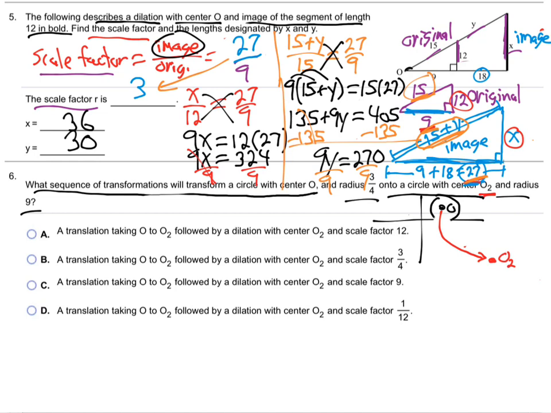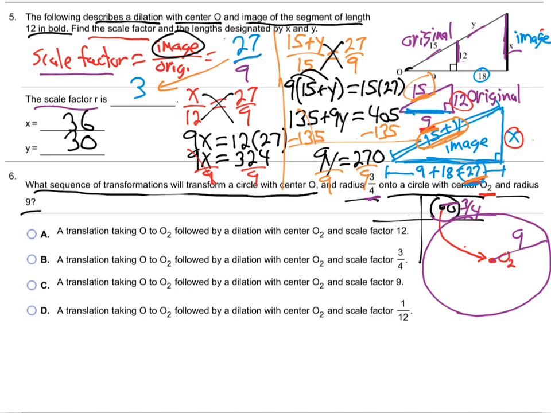And then the old radius was 3/4. From the middle to the edge here was 3/4. The new radius is much bigger. That wasn't a very good drawing there. That's the best I can do. The new radius is 9.